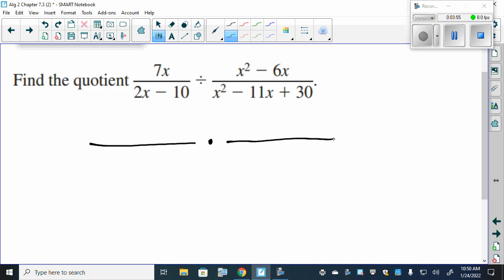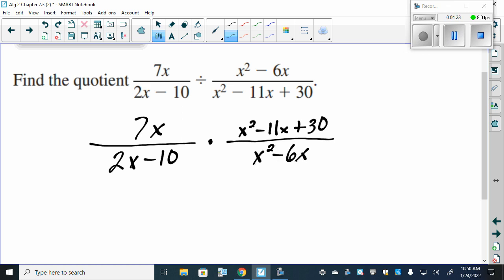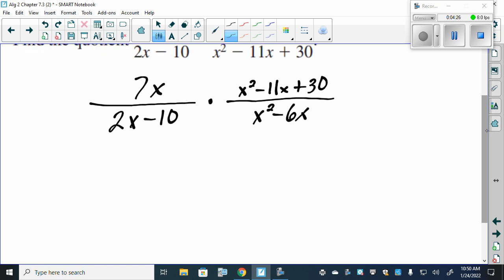The first thing I would do is change it from division to multiplication, as I already did, and flip the second. So the second one is going to have x squared minus 11x plus 30 on top, and x squared minus 6x on bottom.